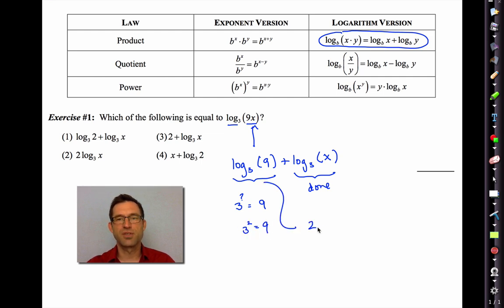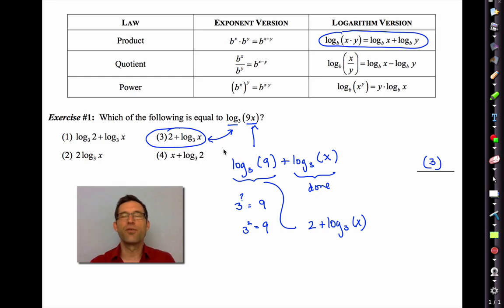So this just becomes 2 plus the log base 3 of x, and that's choice 3. These two are the same. They're equivalent. All right? Let's try another one. Pause the video first, though, and write down anything you need to. All right, here we go.